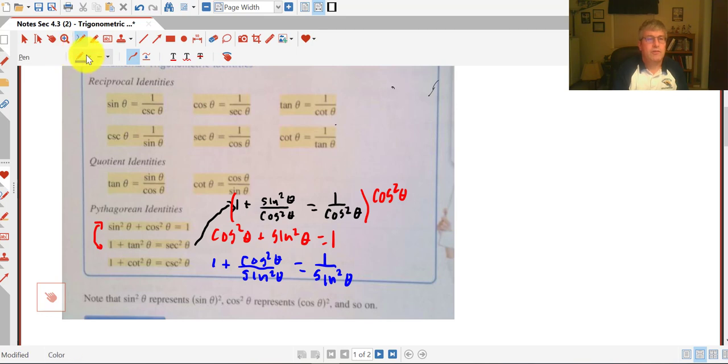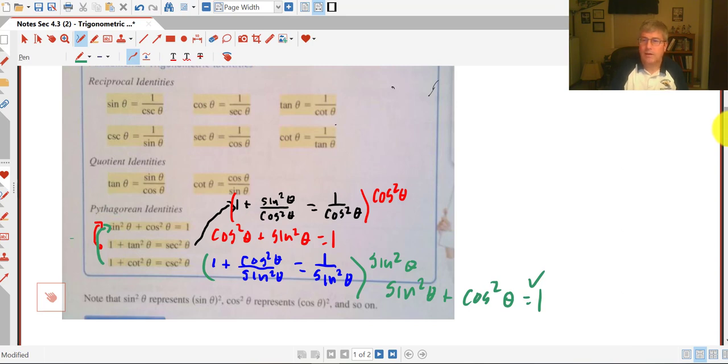And in a similar fashion, just like we did on the previous identity, now we can multiply all this by sine squared theta, and that leaves us with sine squared theta plus cosine squared theta equals 1. So that checks out that this third identity is the equivalent of our Pythagorean identity. So all three of those are Pythagorean identities.